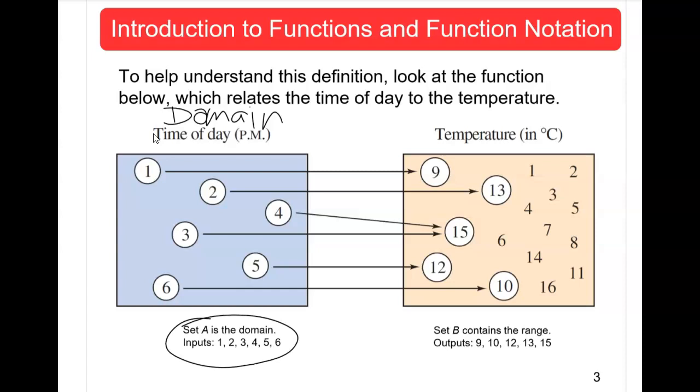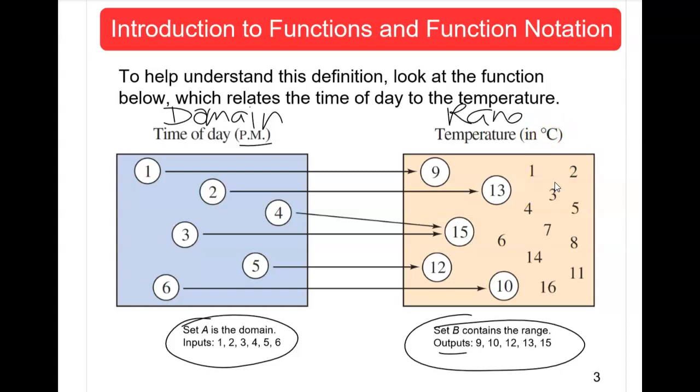So we have 1 p.m., 2 p.m., 3 p.m., 4 p.m., 5 p.m., and 6 p.m. Now, our range, which is the set of all outputs, contains the temperature in degrees Celsius. So this is the range.